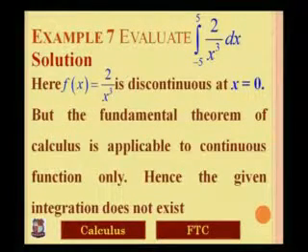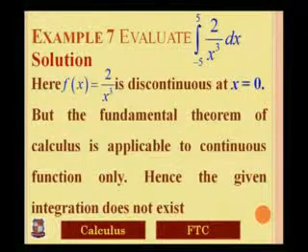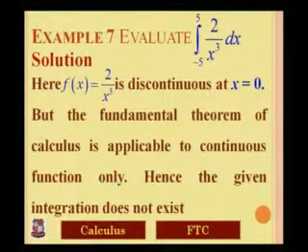Evaluate the integral from minus 5 to 5 of 2 upon x cube dx. This function f(x) equal to 2 upon x cube, or 2 divided by x cube, is discontinuous at x equal to 0.